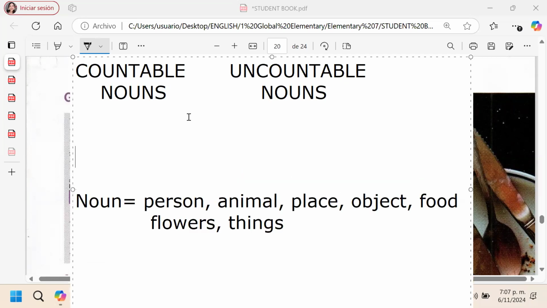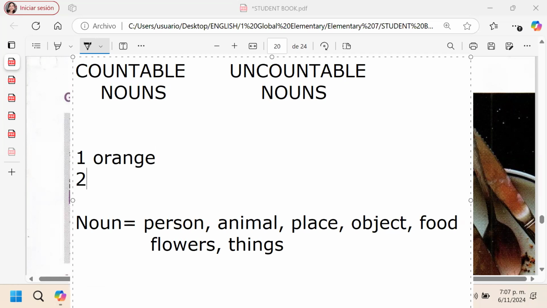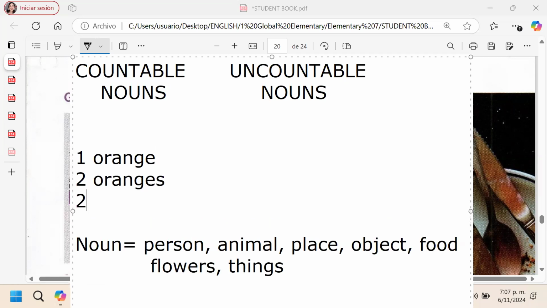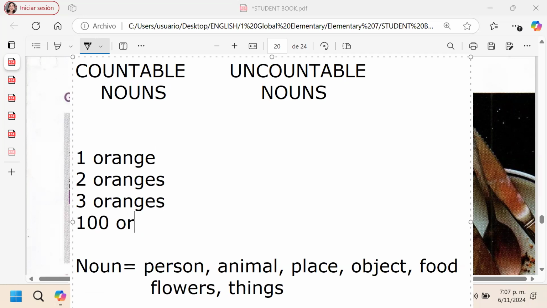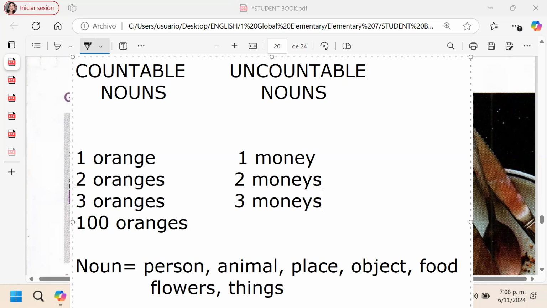Countable is when I can say 1 orange, 2 oranges, 3 oranges, 4 oranges, 100 oranges. I can count it. Uncountable is when I cannot count it. For example, 1 money, 2 monies, 3 monies, 4 monies? No, impossible.